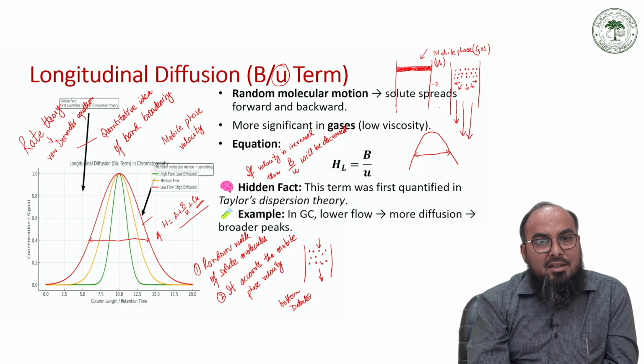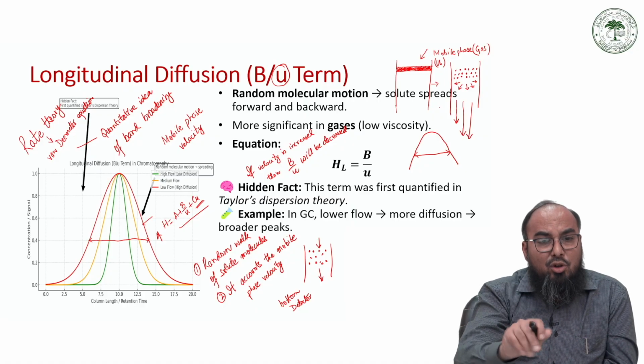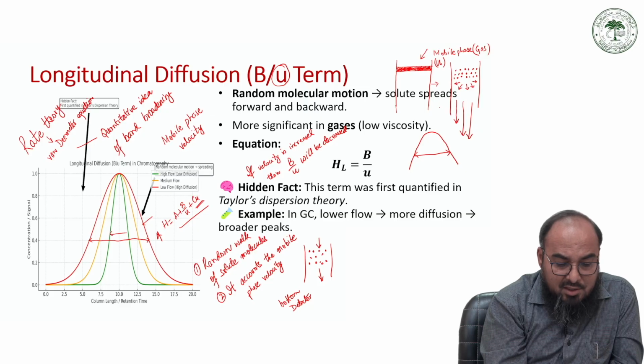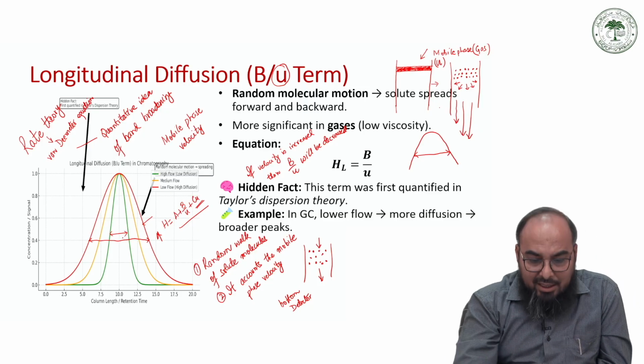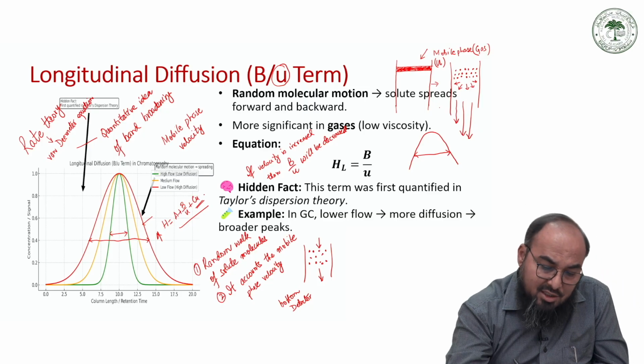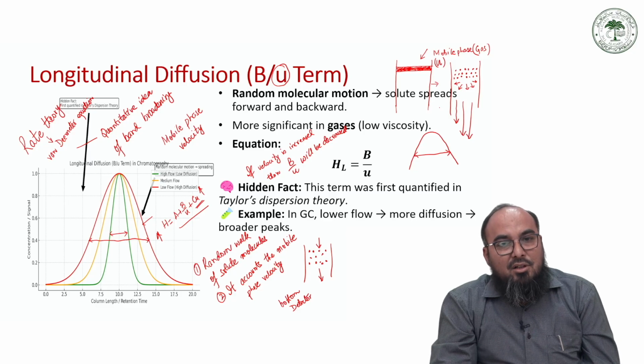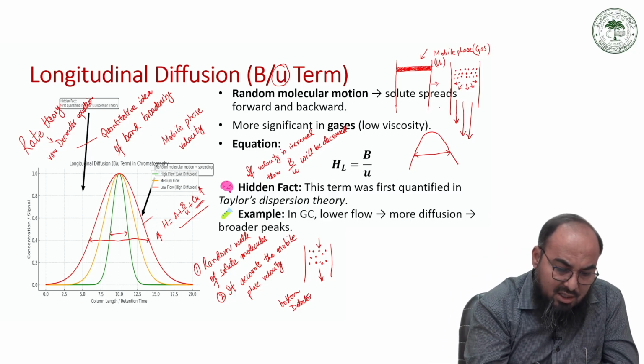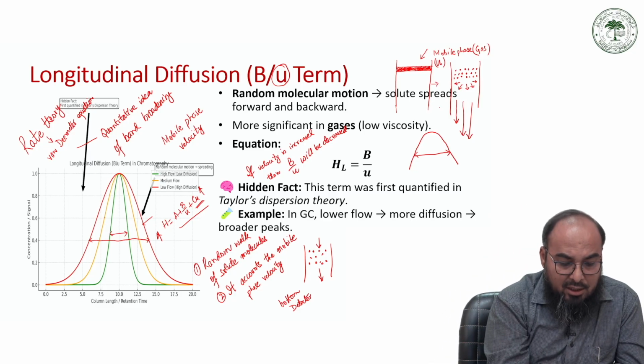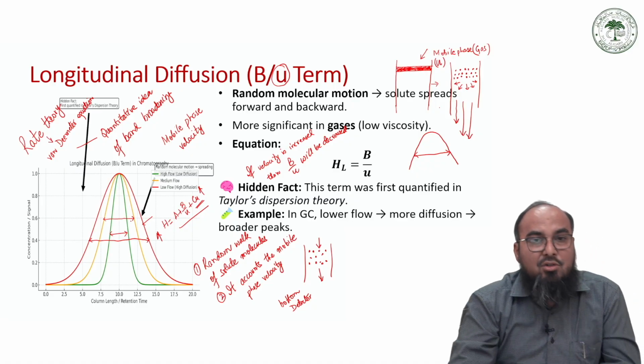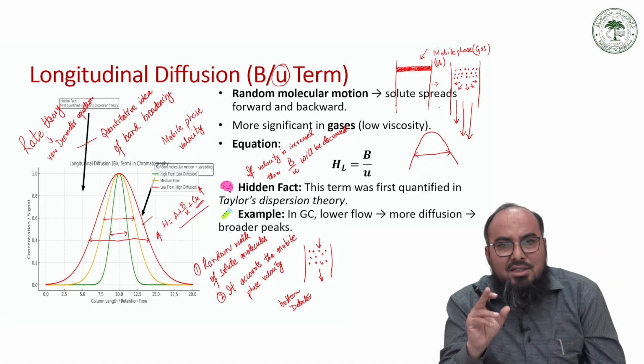Okay, but at the same time, if you increase the flow too much, then of course you get a very slim peak. But again, if you increase it too much, then this Cu will increase. So you have to have a medium optimum velocity where the band broadening is not too much, and you can also control Cu.